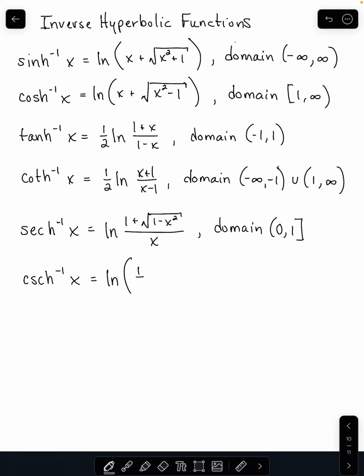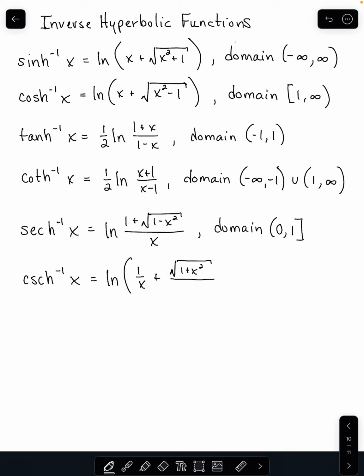First of all, in this case, we're going to actually distribute the denominator of x, and there's a reason for that. Again, we're not getting into the algebra of the derivation of this, but we see our traditional pattern where we saw subtraction in one, we see addition in the other. So now instead of 1 minus x squared under the radical, it is 1 plus x squared under the radical.